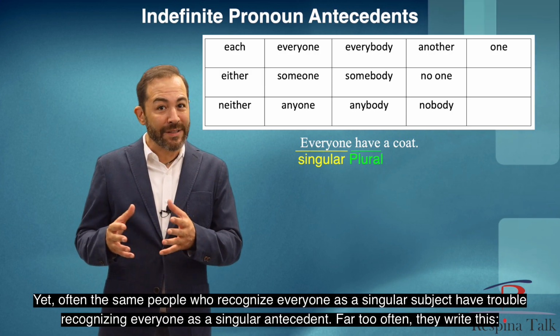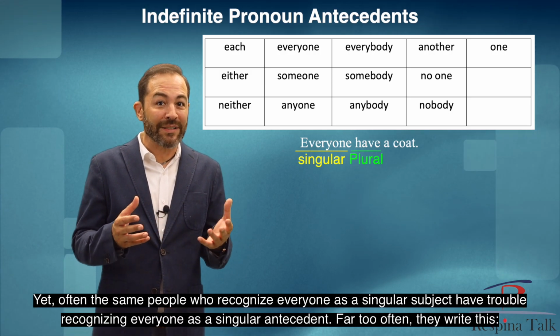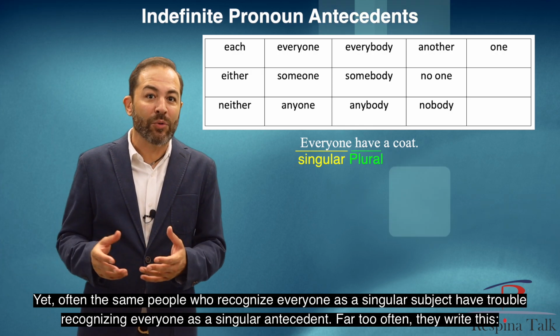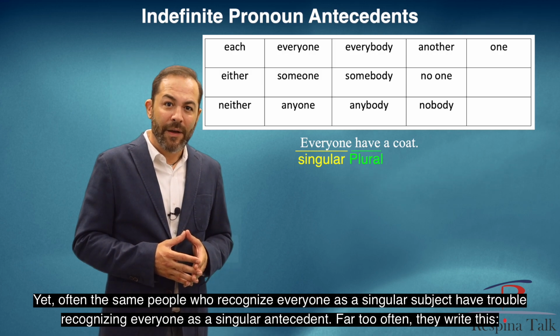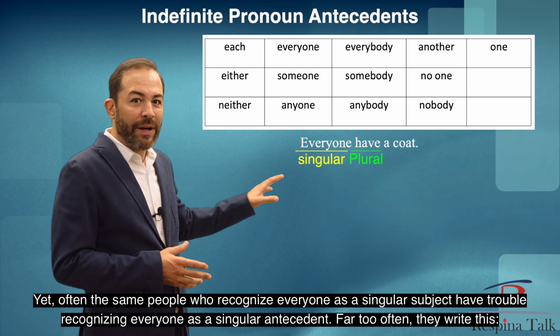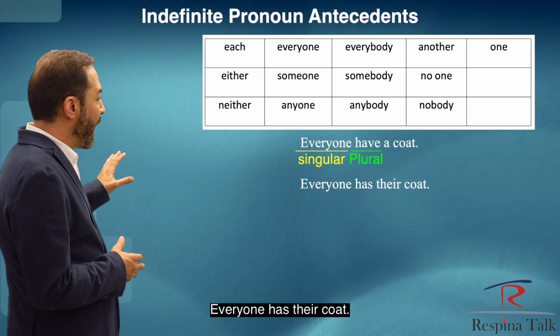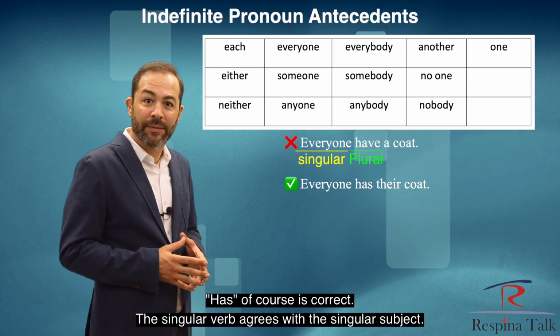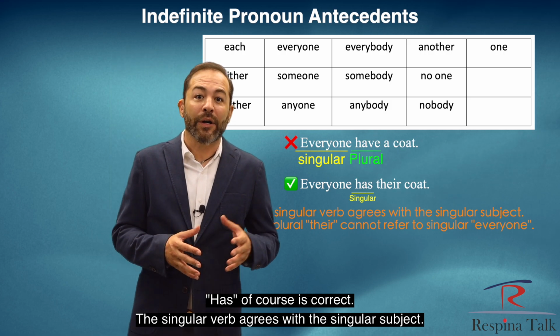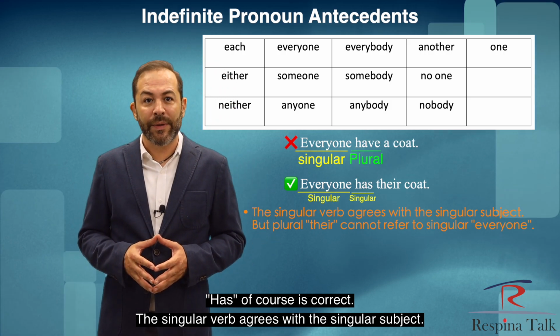Yet, often the same people who recognize everyone as a singular subject have trouble recognizing everyone as a singular antecedent. Far too often, they write this: Everyone has their coat. Has, of course, is correct. The singular verb agrees with the singular subject.